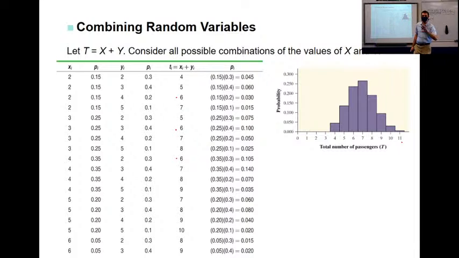And then if we looked at yesterday, hopefully you have a prediction of what this expected value is going to turn out to be. So it's going to be 4 times the probability of 4 plus 5 times the probability of 5, all the way down.